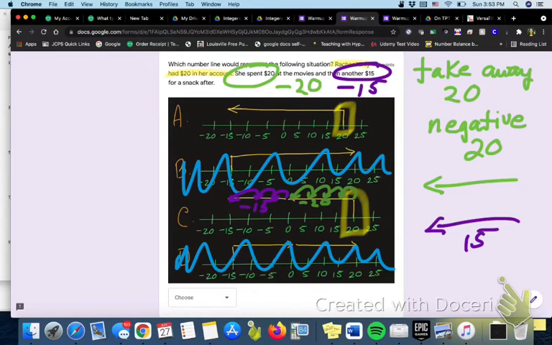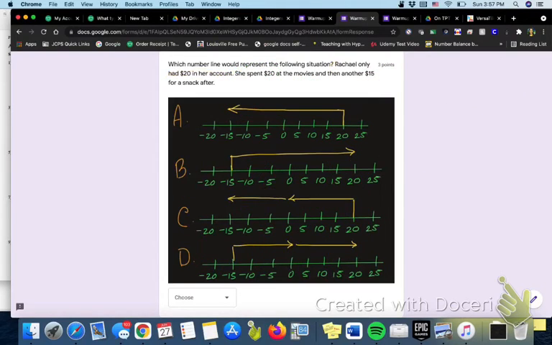Option C shows both of those transactions, whereas option A just shows one big long 5, 10, 15, 20, 25, 30, 35. It shows the same amount of money coming out, but only as one big transaction of negative 35. So that is why in this particular situation, we are going to choose option C. We need to make sure that we choose C for this first part.